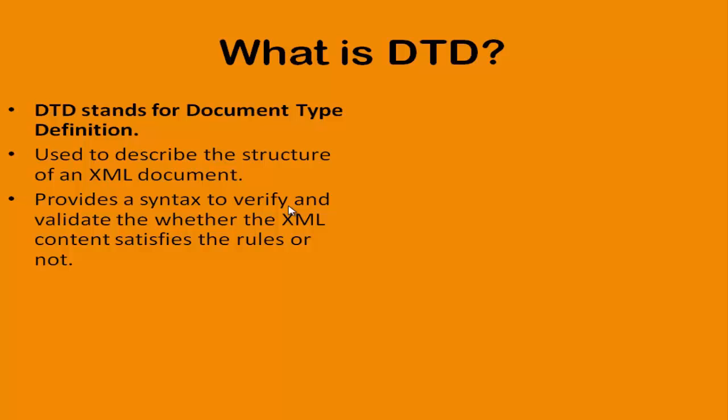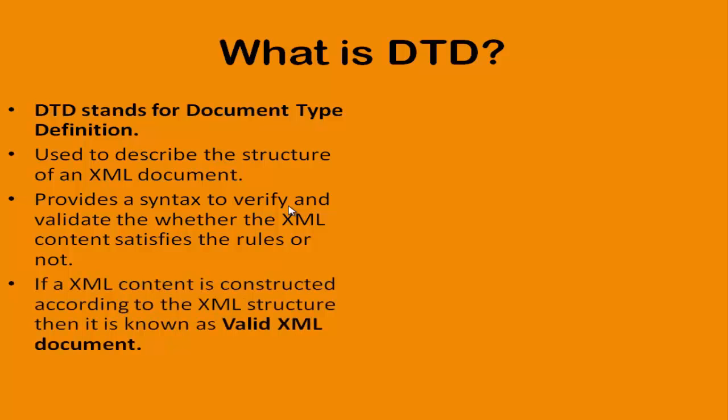If your XML document is not following your structure, we get errors. So if the XML content is constructed according to the XML structure, it is known as a valid XML document. If your XML file is not constructed according to the structure, we call it a non-valid XML document.